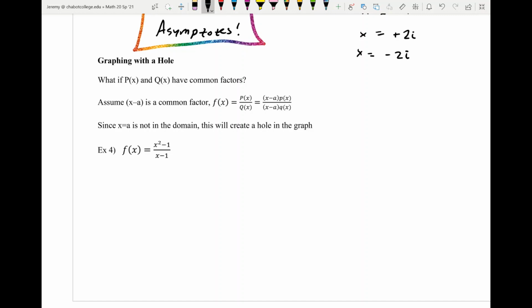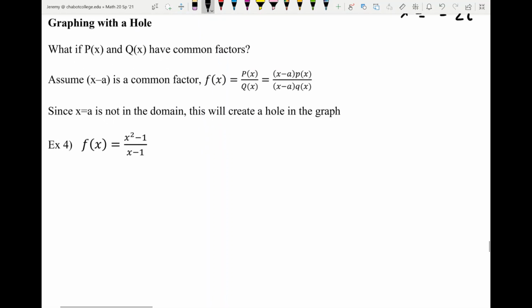So, without paying attention, you might look at this and think, oh, we have a vertical asymptote at x equals 1 because x equals 1 is the zero of the denominator. But if you're on top of things, you'll notice, oh, well, that numerator factors to x plus 1 times x minus 1. And this is over x minus 1. So we have a common factor of x minus 1.